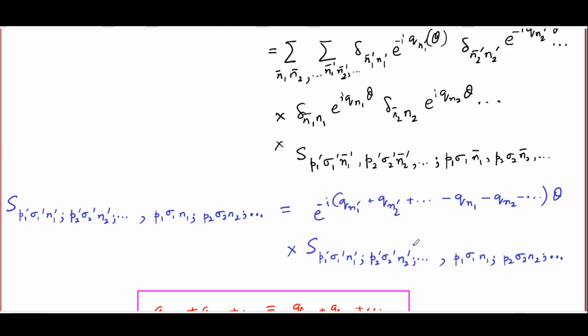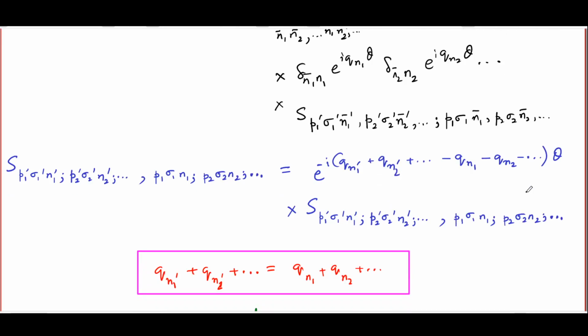But if these are to be equal for all values of theta, then this factor has to be 1 for all values of theta. And that can only happen if the exponent vanishes. And therefore, we end up with a very, very important consequence. These eigenvalues of the Q operator must sum up to the same value for the final state as they did for the initial state.